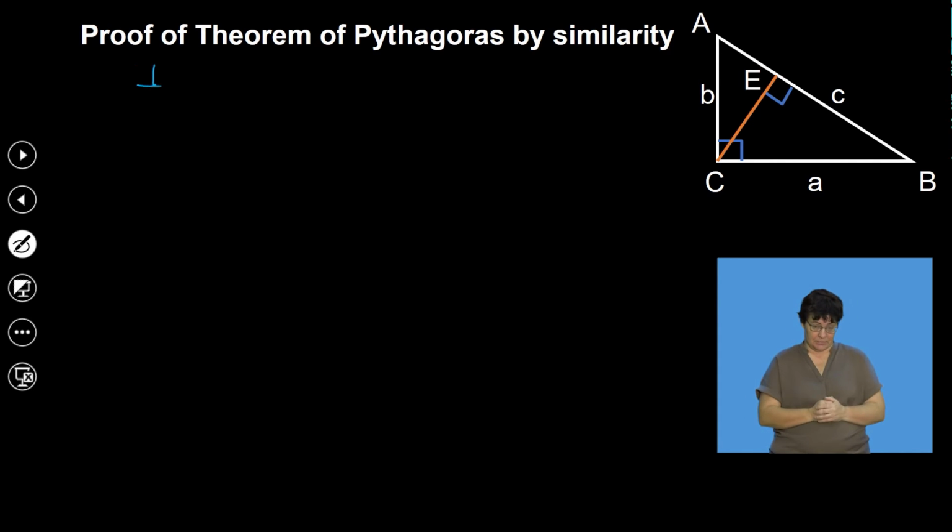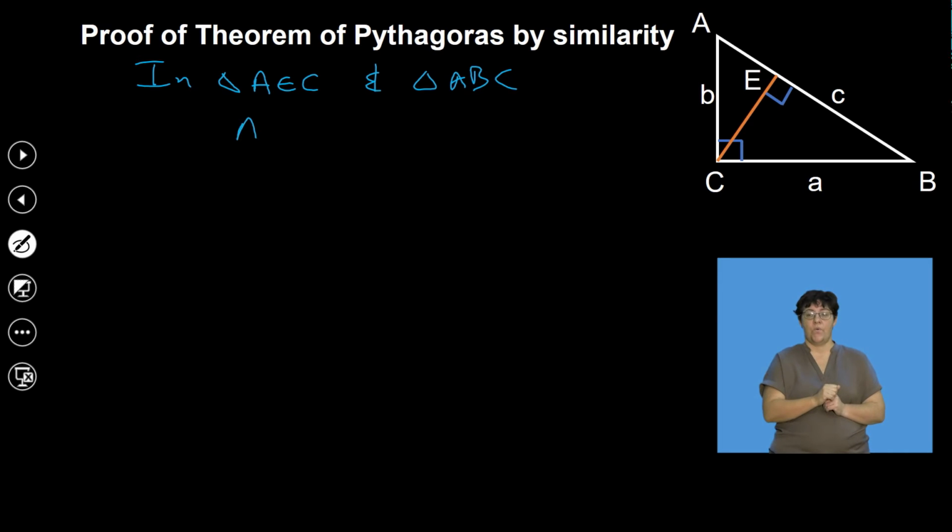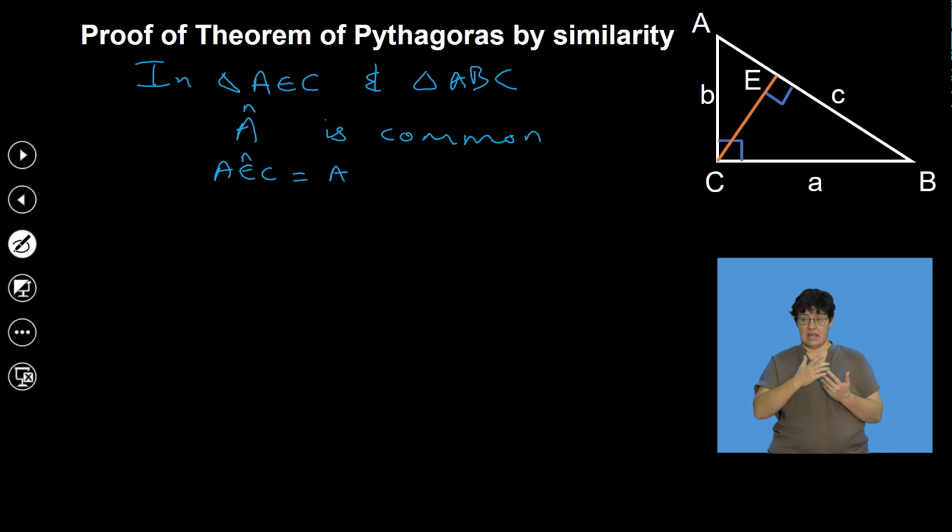So I will then say in triangle AEC and triangle ABC, so I'm just going to label them first so that we have a focus. I know that the angle A is common, so angle A is common, and I know that the angle AEC is equal to the angle ACB, which is equal to 90 degrees.